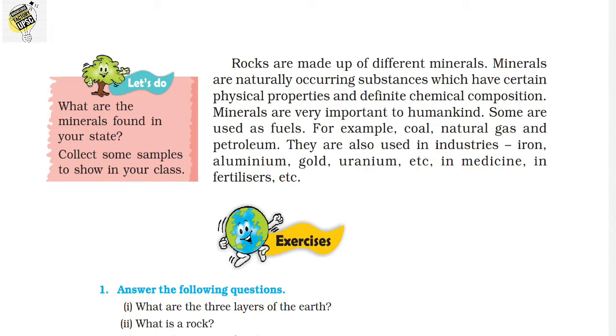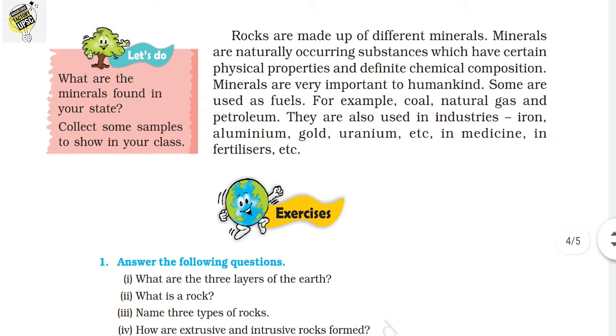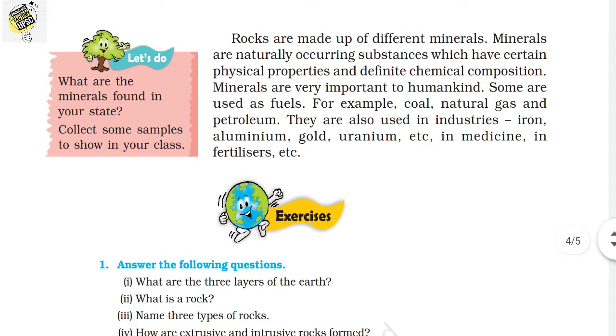These minerals are composed of definite chemical compositions, and they are very important to humankind. Some are used as fuels, for example coal, natural gas, petroleum, and they are also used in industries, such as iron, aluminium, gold, uranium, etc. There are also minerals used as medicines and in fertilizers.